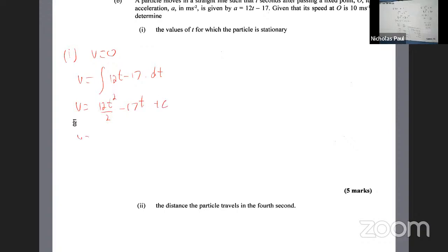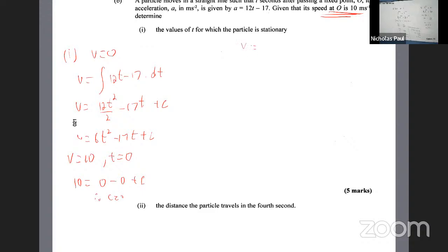So v so far looks like 6t squared minus 17t plus c. But we need to get c. We know that when v is 10, t is equal to 0. So 10 is equal to 0 minus 0 plus c. So that means c is 10.